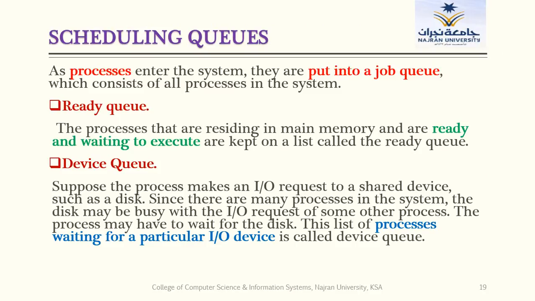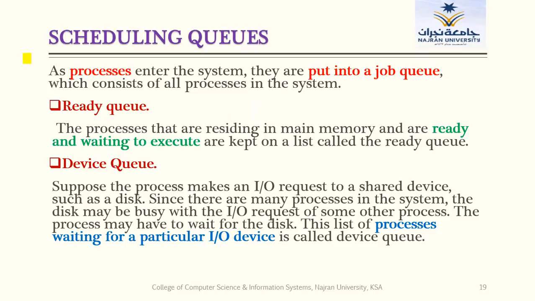Now, scheduling queues. For this one we need to go back to our state diagram. In the state diagram we have seen that we have 5 different states, and there are 3 important states: ready state, waiting state, and running state.